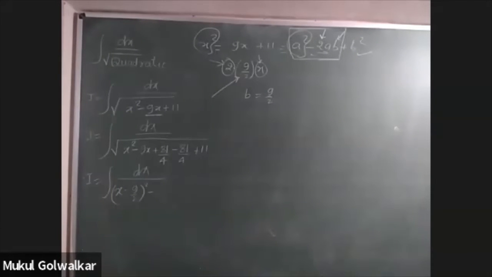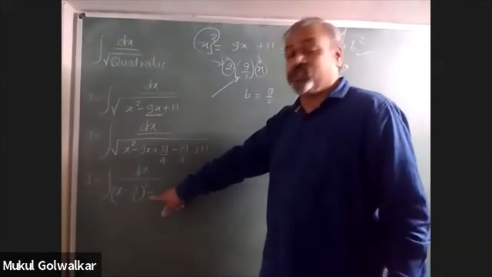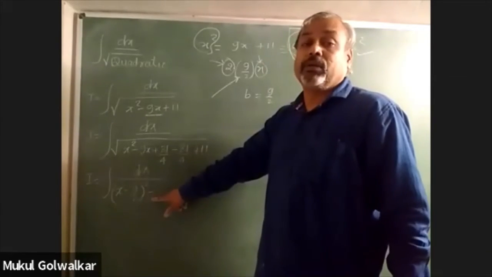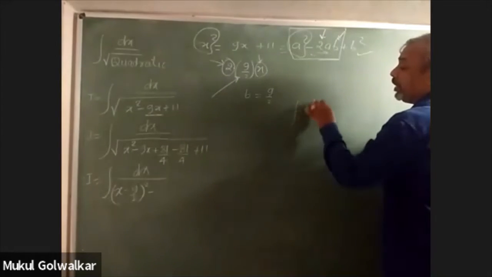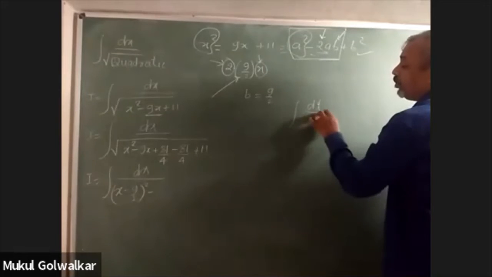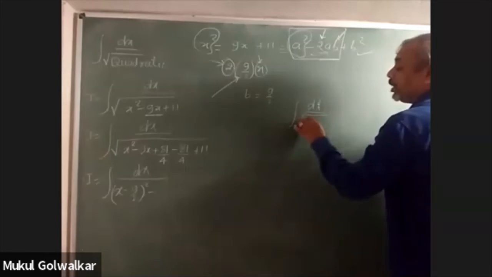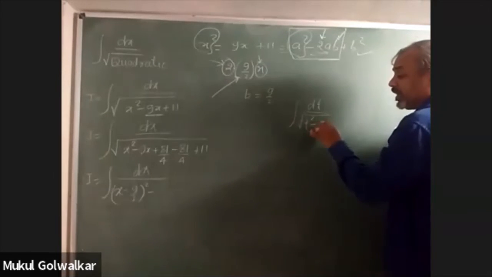Minus 37 by 4. Yes, minus 37 by 4. This minus sign is precious, and this is more important, because of this minus sign only, you are going to write the question in the form of dt upon under root of t square minus a square.